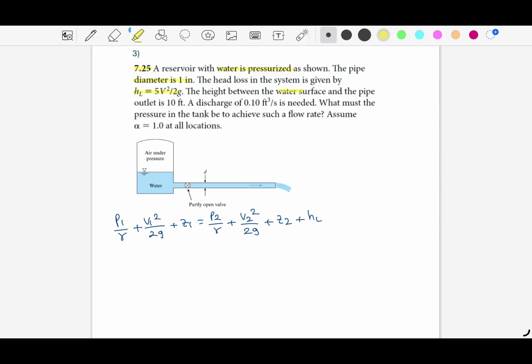The height between the water surface and the pipe outlet is 10 feet and the discharge is going to be 0.1 cubic feet per second. So we need to find the pressure in the tank to achieve such a flow rate. So D is 1 inch, which is 1/12 feet.